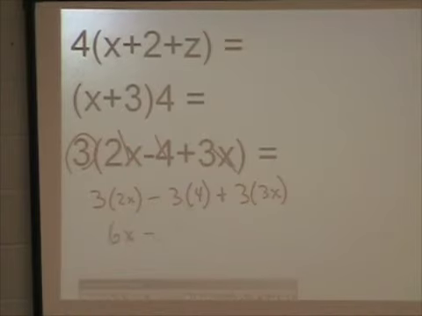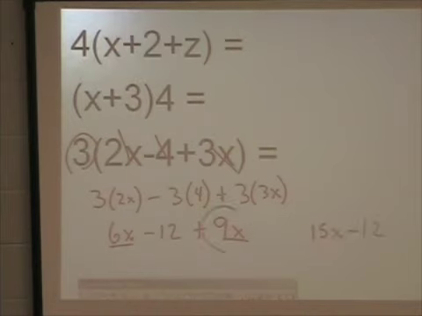Minus 3 times 4 is 12. Plus 3 times 3x is 9x. Now I have to add 6x plus 9x equals what? 6 plus 9, 15x minus 12.